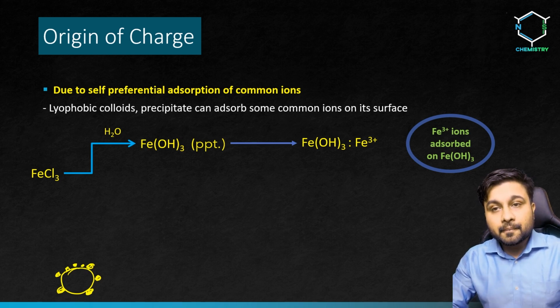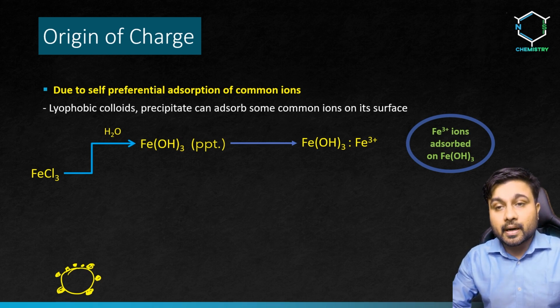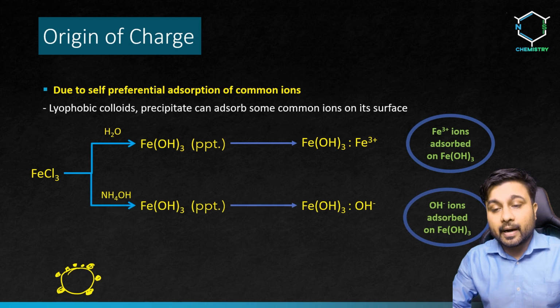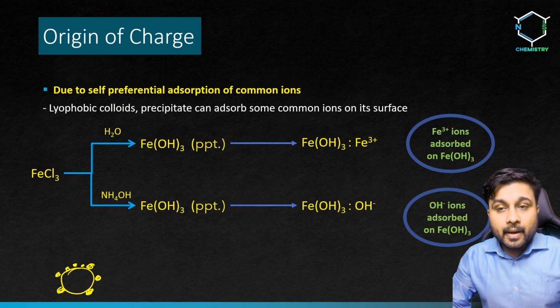Okay, now in this case, if instead of using water we used ammonium or a basic solution, if we hydrolyze with ammonium hydroxide, then again Fe(OH)3 precipitates will form. Now in the ammonium hydroxide solution we have OH minus ions. So OH minus ions get preference over Fe3 positive and they get adsorbed preferentially on the surface of these colloidal particles.